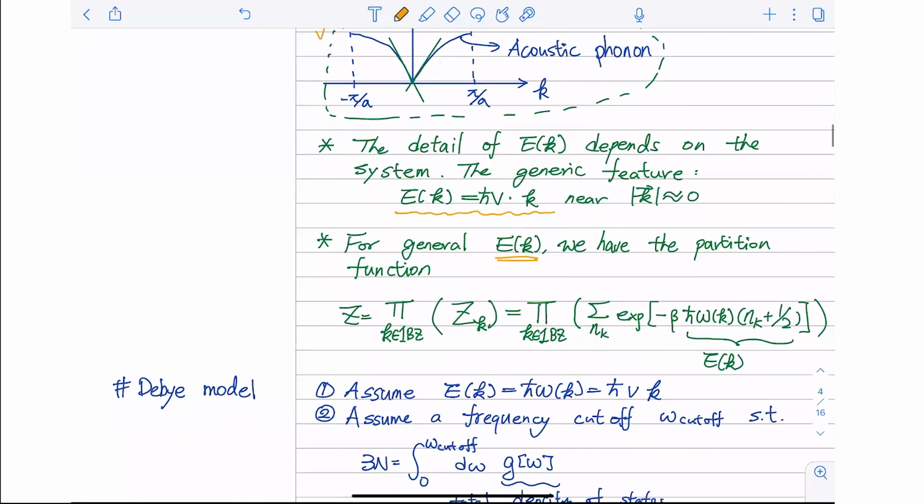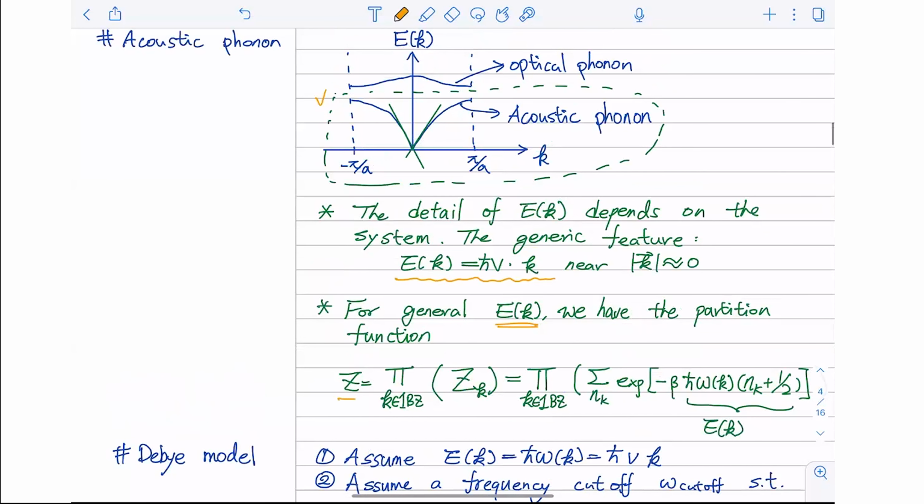As usual, because the modes are non-interacting, we can use the wave vector k to represent the different modes. So the total partition function will be a product of the partition functions at each k mode.